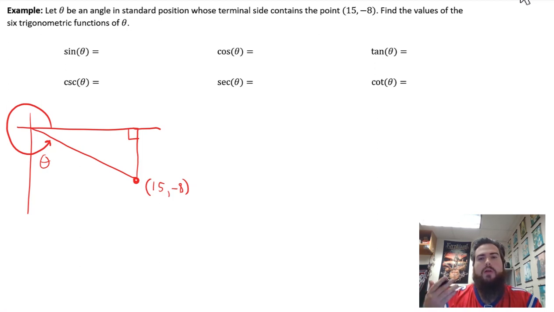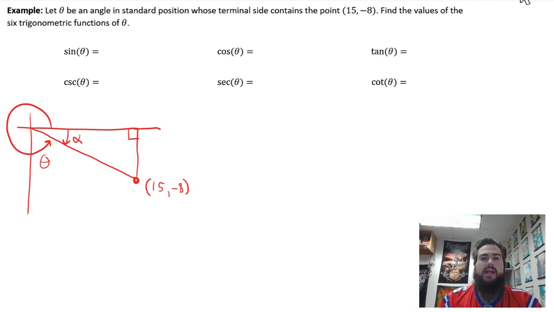However, as established before with reference angles, we could instead work with the reference angle for this value, which I'll designate as alpha, and instead establish all the ratios using this triangle and the reference angle of alpha, which is still going to retain all the values that we were working with.